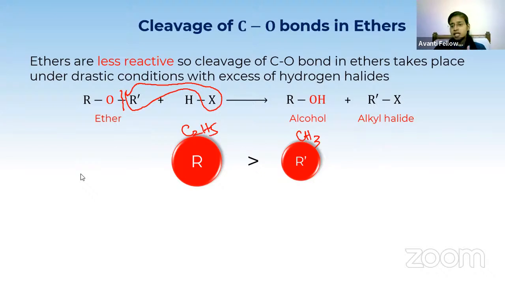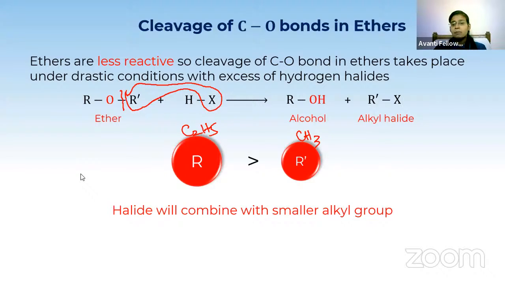If this is the case, then the halide will combine with the smaller alkyl group. Since R dash is smaller here, the halide part X will go with R dash. Clear for all of you?